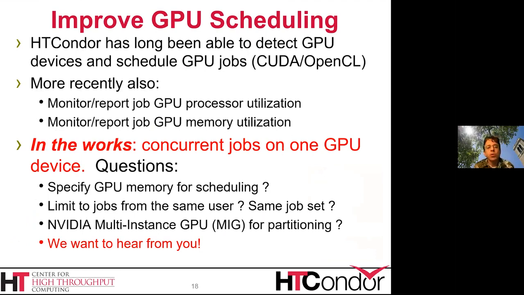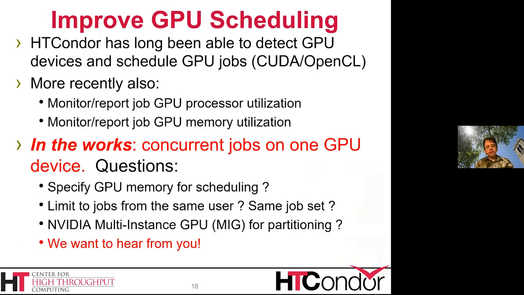We want to work on improving our GPU scheduling. So HTCondor has long been able to detect and schedule GPU jobs using CUDA or OpenCL. More recently, HTCondor is able to monitor and report both job GPU processor utilization and GPU memory utilization back into the job ad.